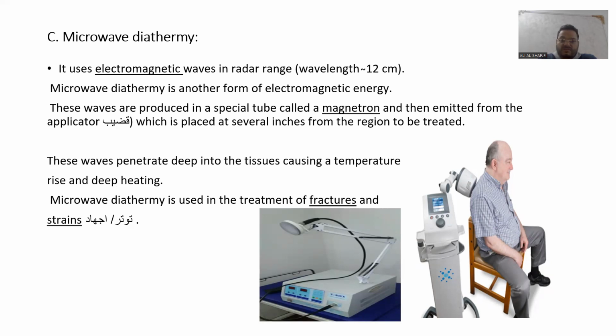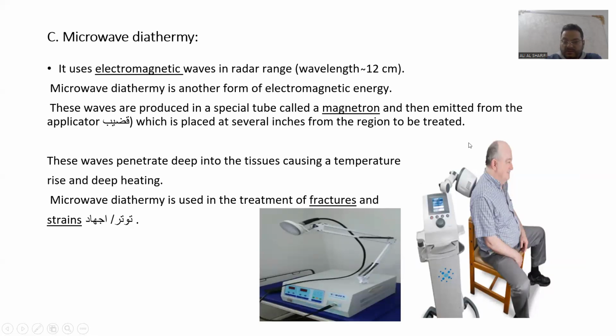Microwave diathermy is another form of electromagnetic energy. These waves are produced in a special tube called a magnetron and then emitted from the applicator. What is the applicator and where is it? This is the applicator, the part that will emit the electromagnetic waves.